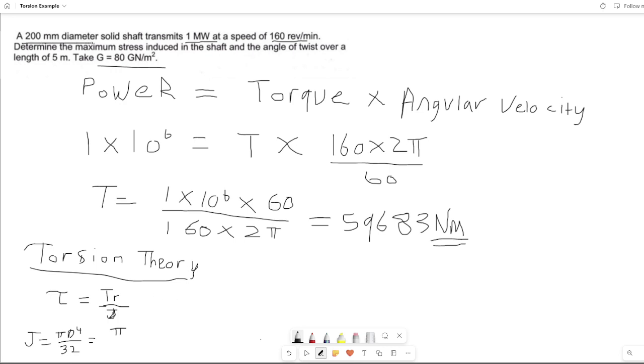Remember, we need to convert that into meters. 0.2 over 32. Remember, to the power of 4. That then should give you a value of 38.0 times 10 to the 6.